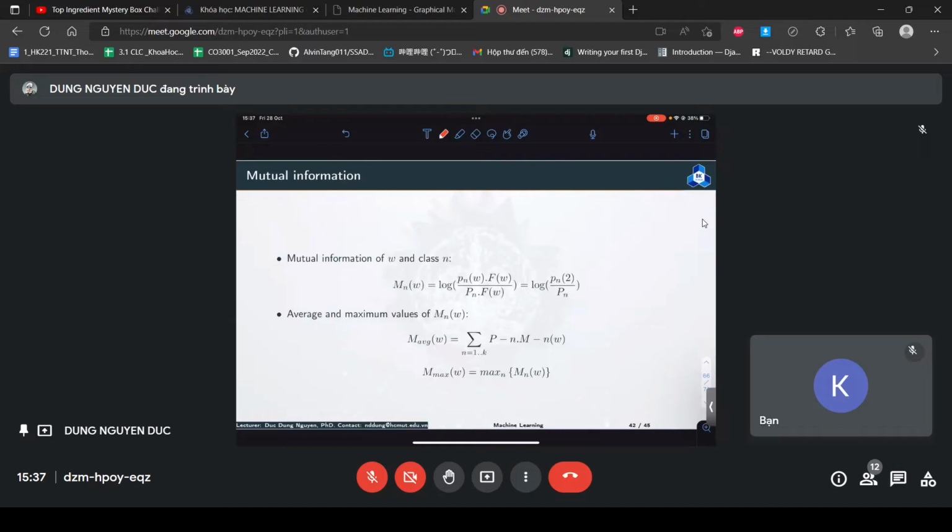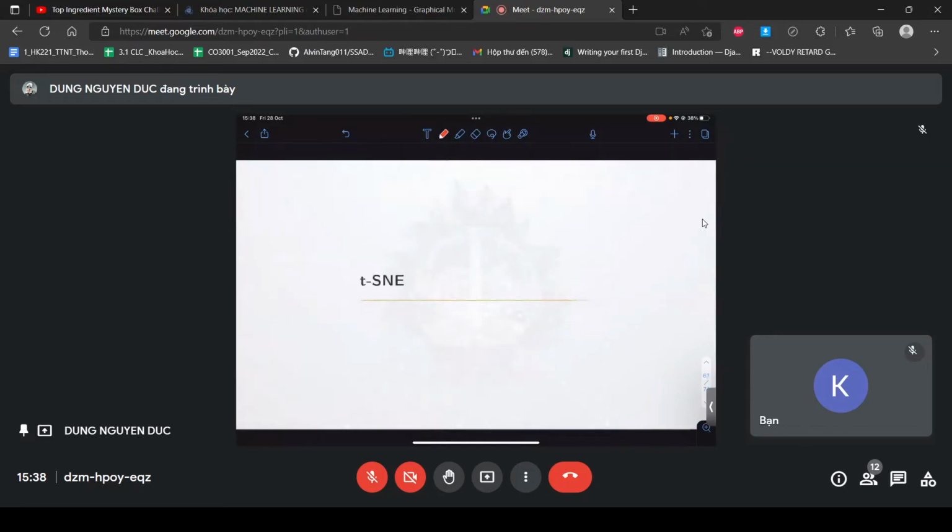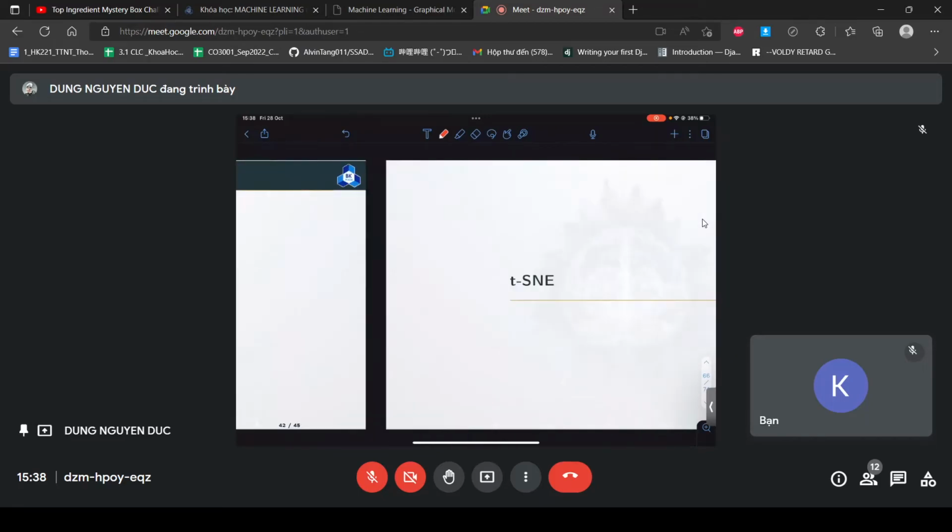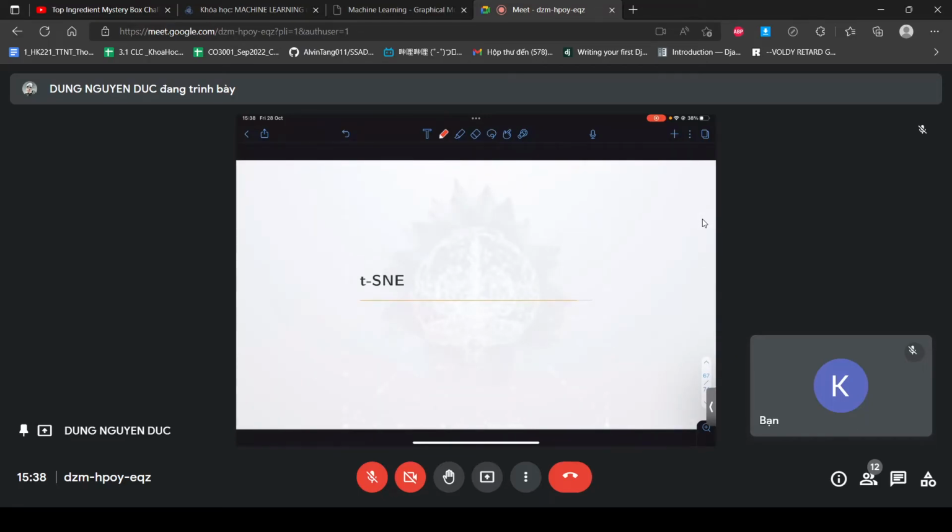Okay, and we have some extra information here, which I believe some of you may be interested in checking, but not everyone, so you may skip it. Now, the last thing I'm talking about today is t-SNE. Well, t-SNE is a very popular method for dimensionality reduction, mostly for visualizing data distribution.